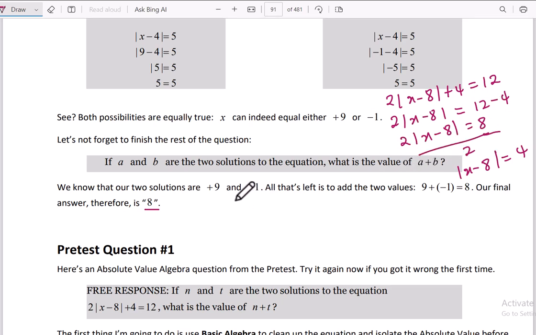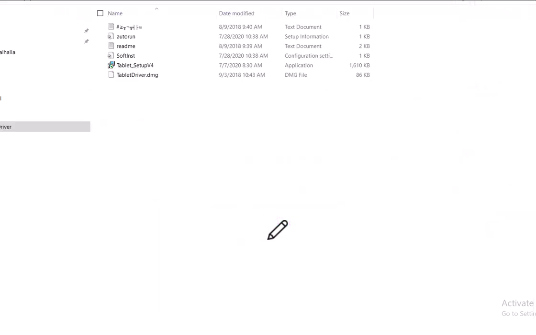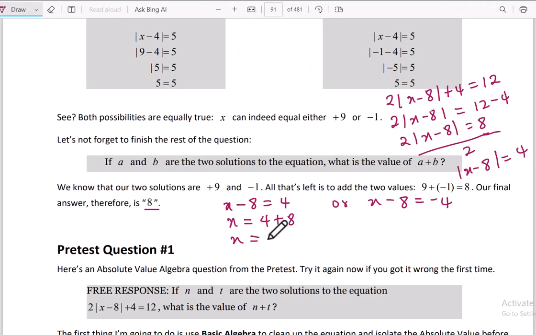Let's continue. From here, you now have x minus 8 is equal to 4 positive, or x minus 8 is equal to -4. From this point, let's collect like terms to have x equal to 4 plus 8. 4 plus 8 is 12, right?